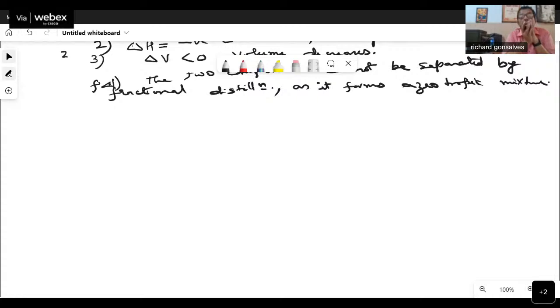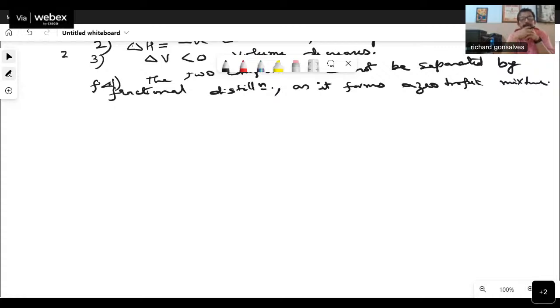First question I have given it. What is the difference between an ideal solution and a non-ideal solution? I will give that. Ideal solution, both the components obey Raoult's law. Non-ideal, both the components do not obey Raoult's law.